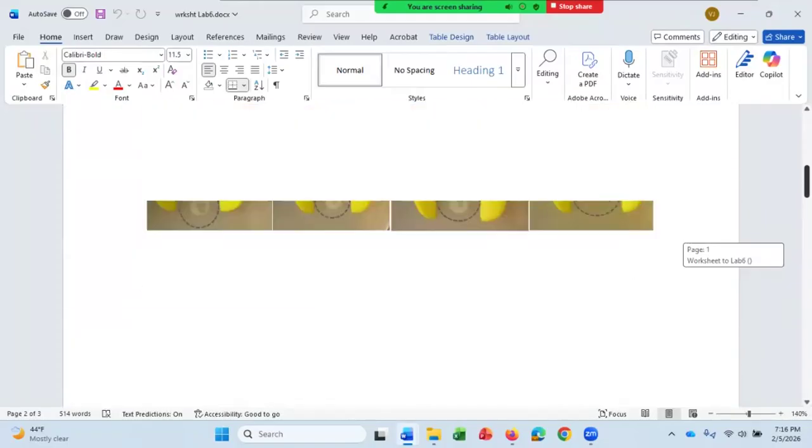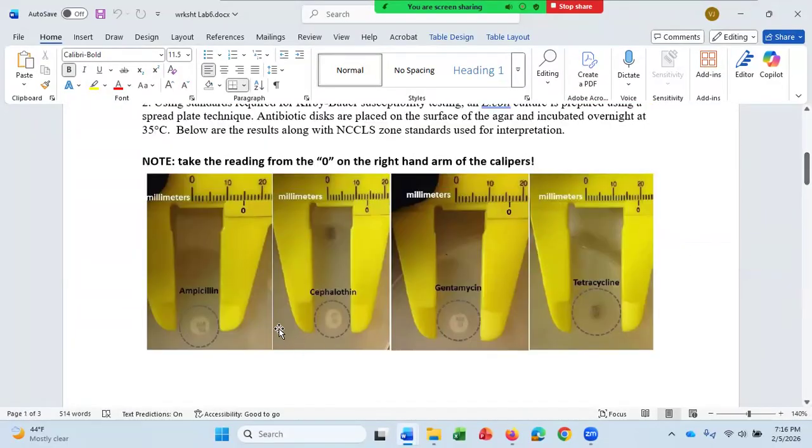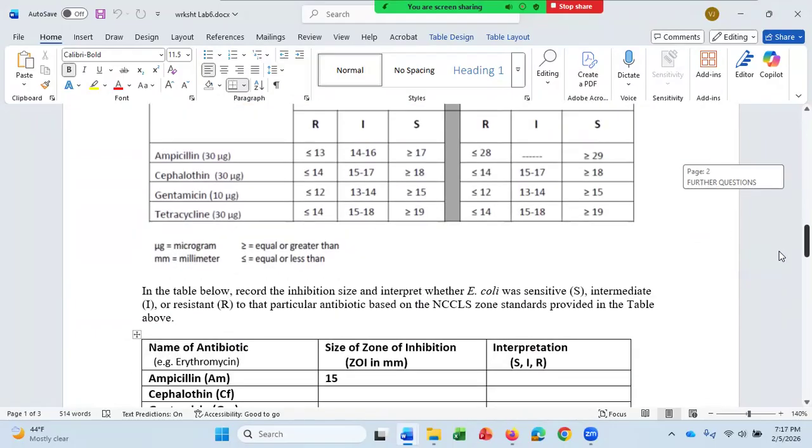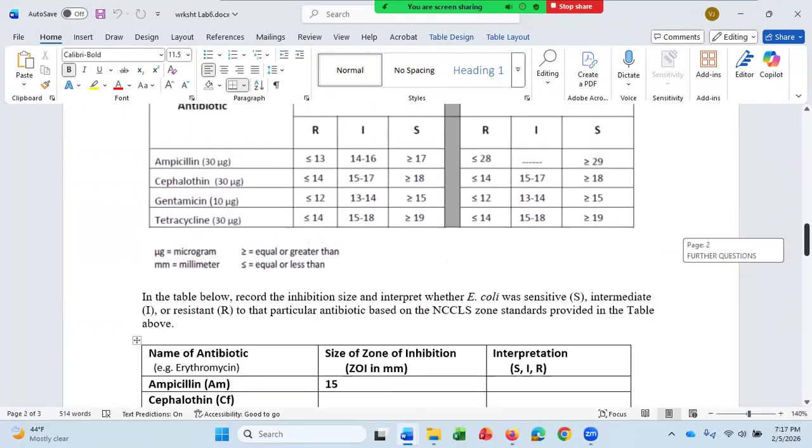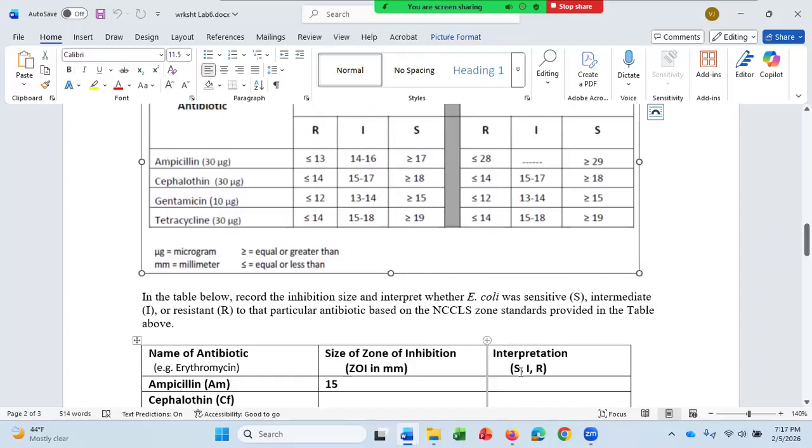Taking a look here, you see that the size of the zone of inhibition is here, which is 15 millimeters, which is there on the table. And the interpretation for this one, I'll give you the first one. For 15, it means for ampicillin that it's intermediate. Any question about that?